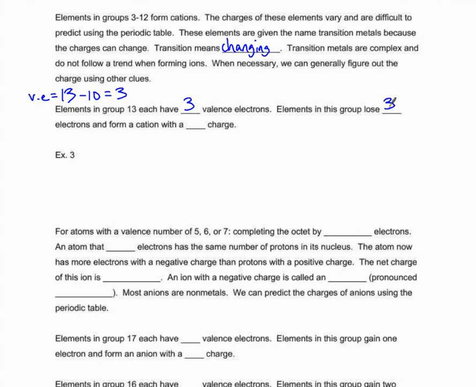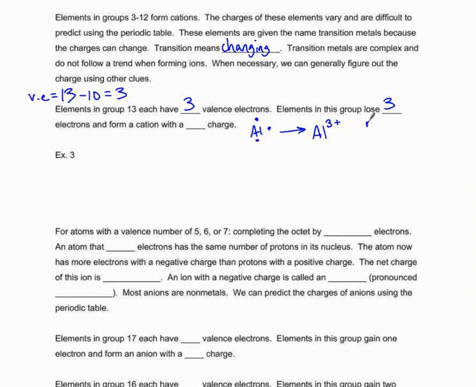So if we were talking about, let's say, aluminum, so here's my aluminum atom and it's neutral. These 3 electrons might be taken away by other atoms. So what we end up with is an aluminum ion with a 3 plus charge.